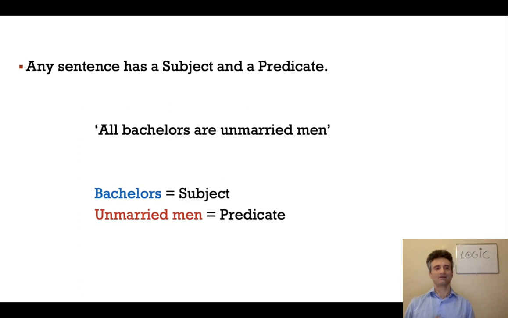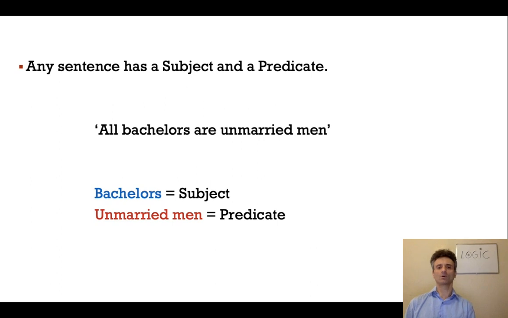We have the word bachelors, which is the subject. The subject is always the one that does the action or receives the action, remember. So bachelors is the subject term.